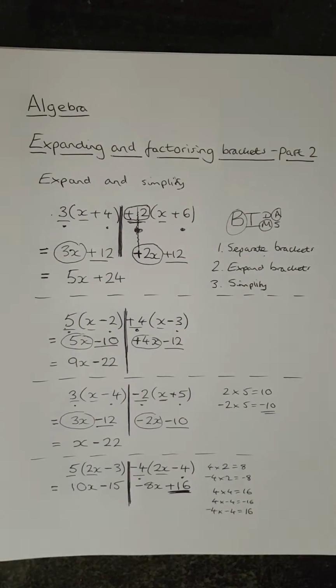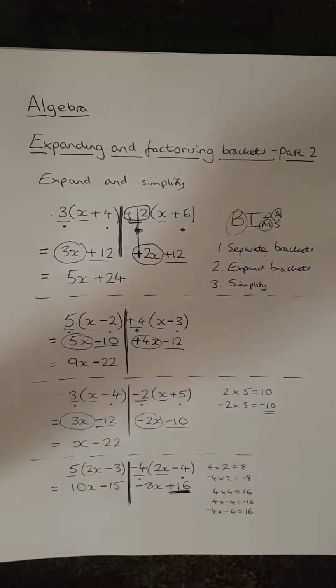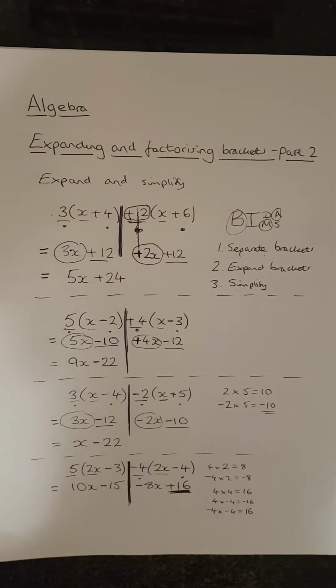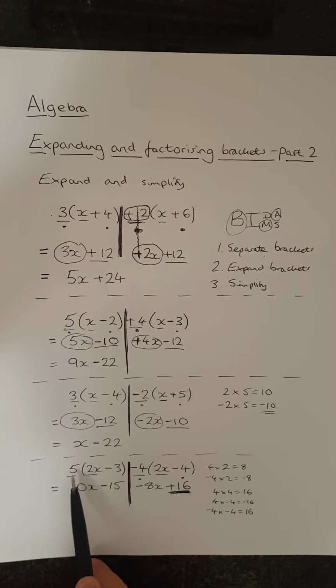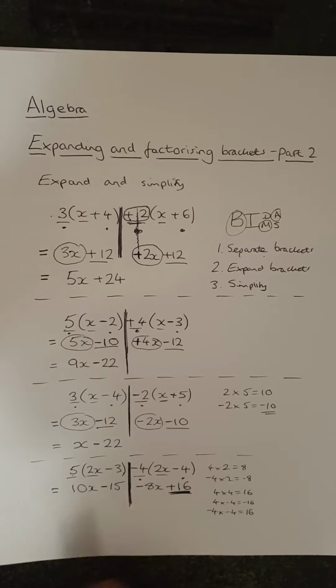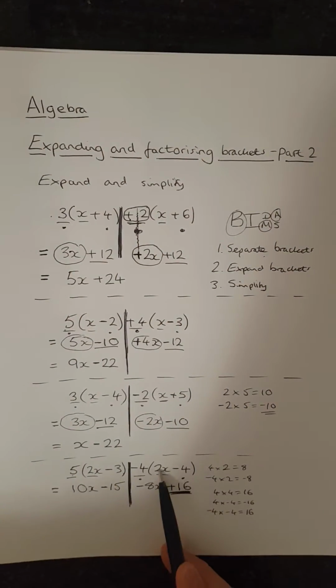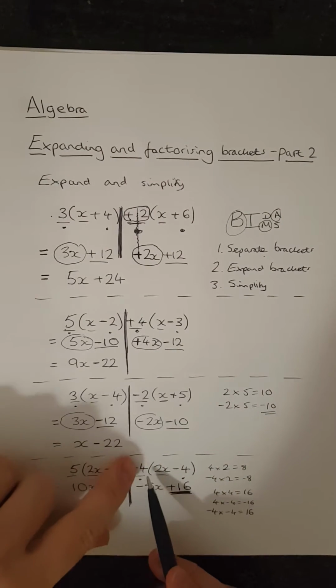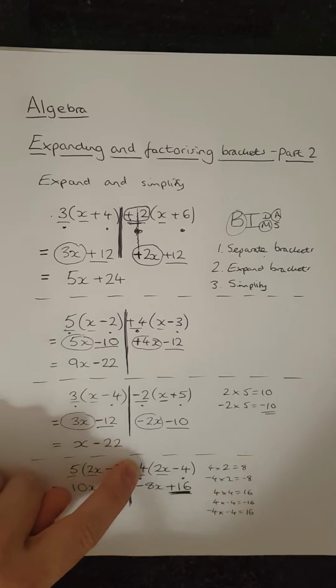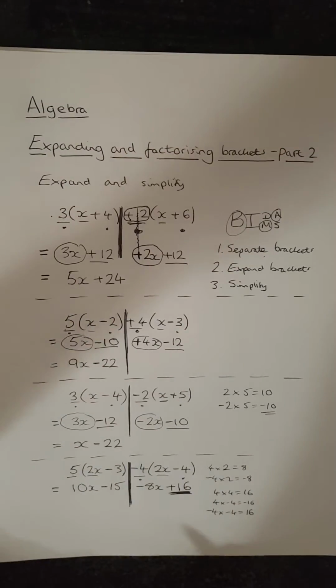I'm going to underline that term really clearly because that is where people make the error. And I'll show you what they do now. People are very confident going this times this and this times this. But as people read across, if they don't have this line here, they do the following. They do minus 4 times this, and then they forget about this minus and just do 4 times this. Very common.